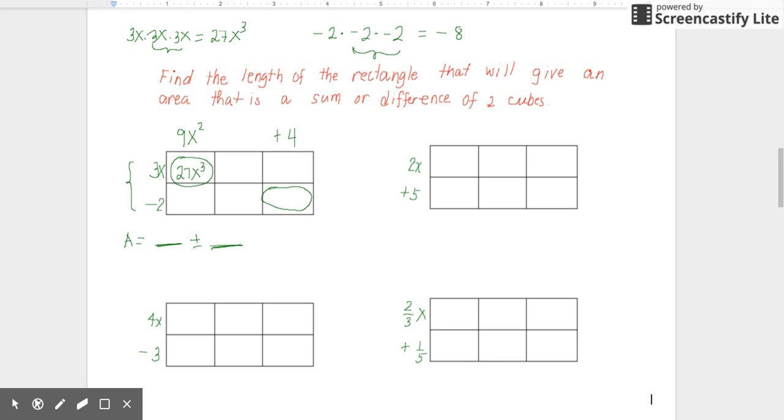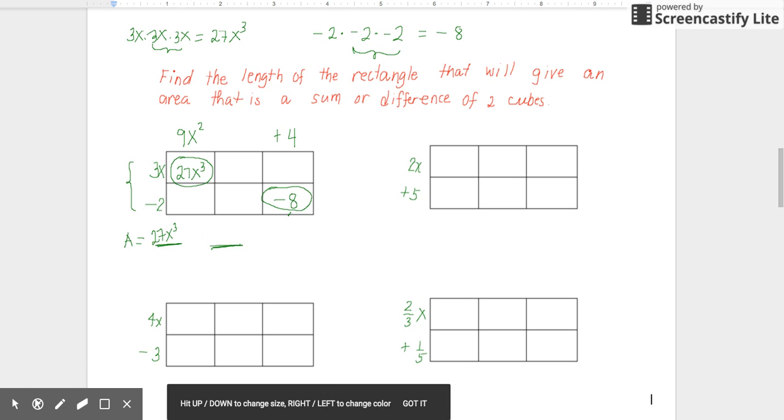So this is +4. So that +4 times -2 gives us -8, which is a perfect cube. So the area should be 27x cubed. We know it's going to be -8.